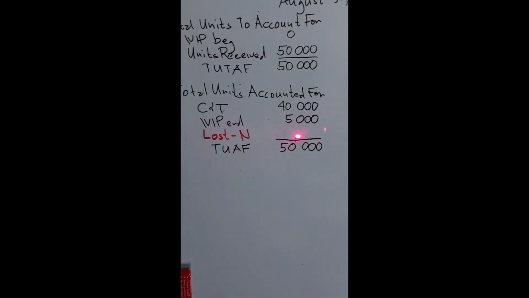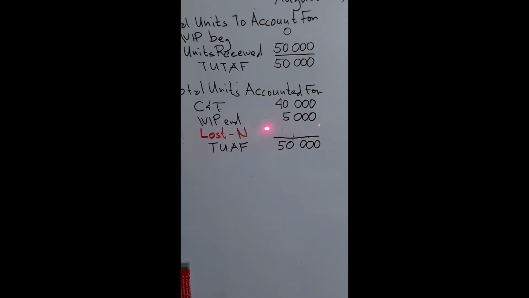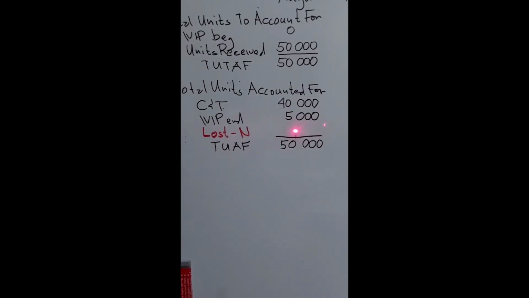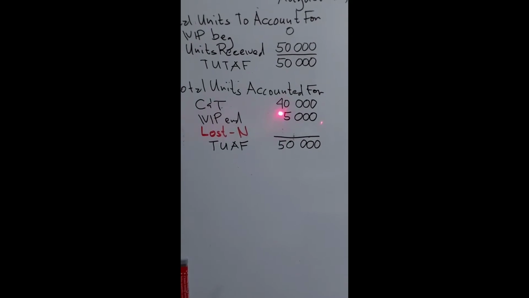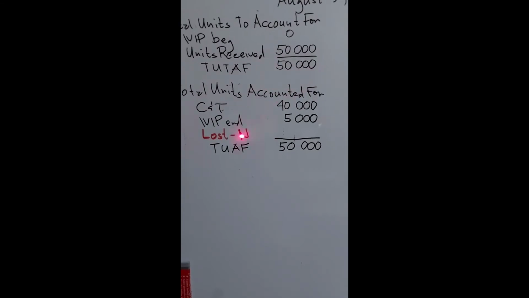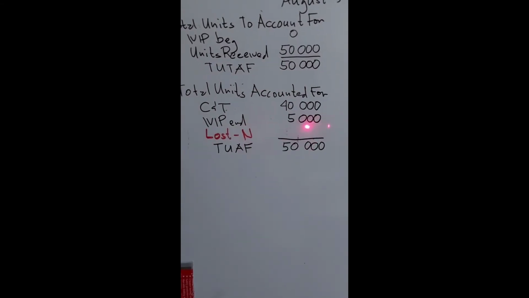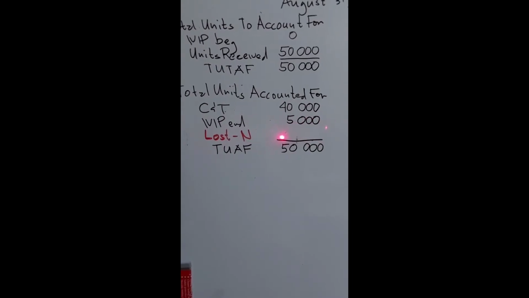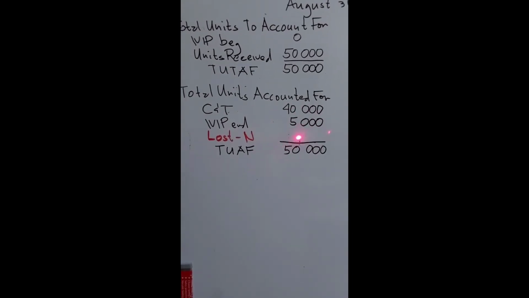So mapapansin niyo may kulang dito. So ibig sabihin meron tayong loss units. Yan yung sinasabi ko sa inyo sa problem na what if yung completed and transferred and work in process ending pag inadd mo, kulang pa rin dun sa total units to account for. So ibig sabihin merong loss units. So pag hindi sinabi yung loss units, kung normal or abnormal, ang i-assume natin ay normal.